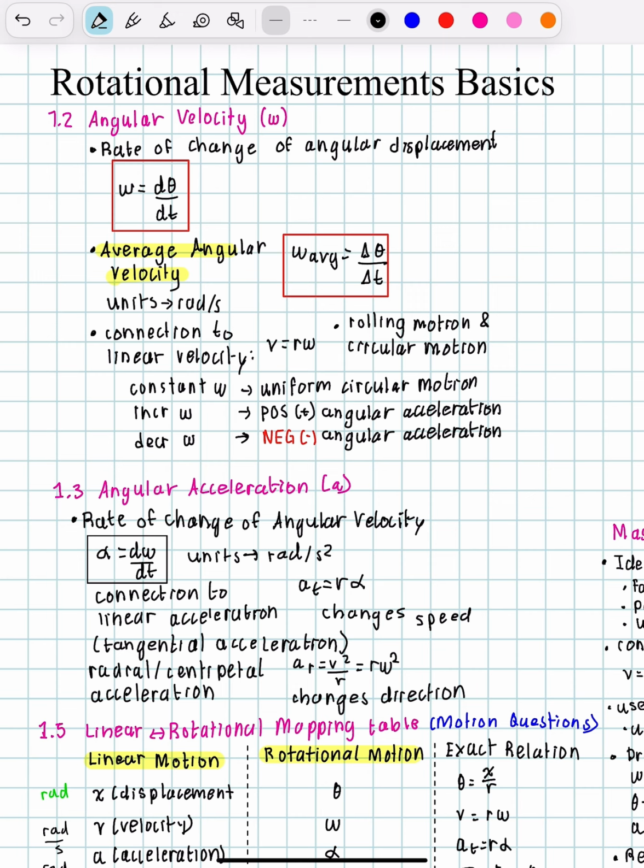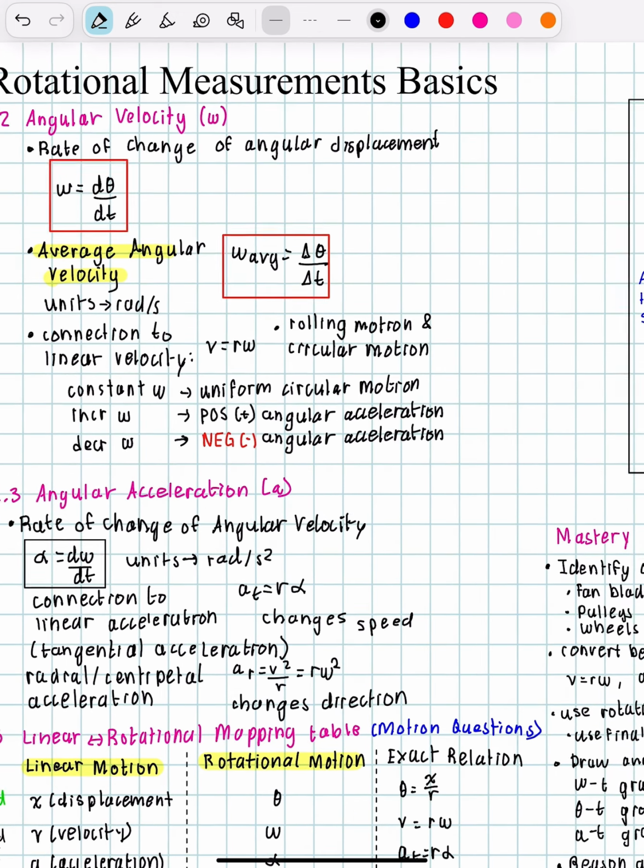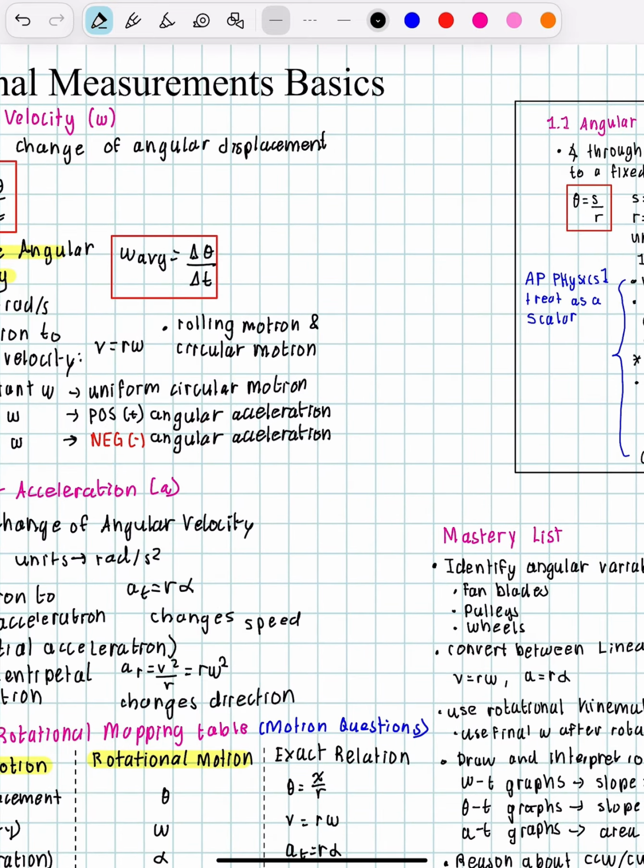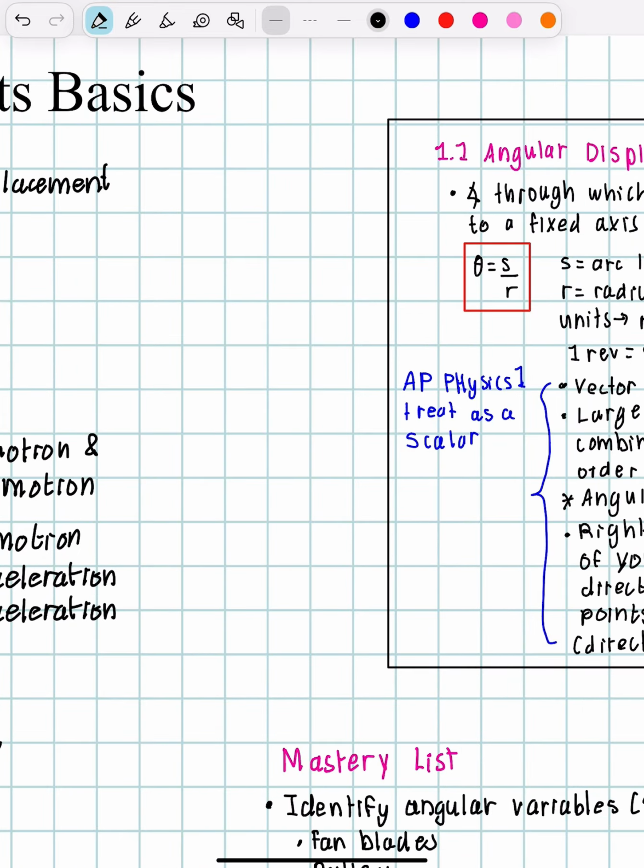Alright, so let's start off with what position, velocity, and acceleration are in the translational versus the rotational world. As we can see, linearly and rotationally, there are different variable representations for each. For position, we have x, velocity we have v, and acceleration we have a.